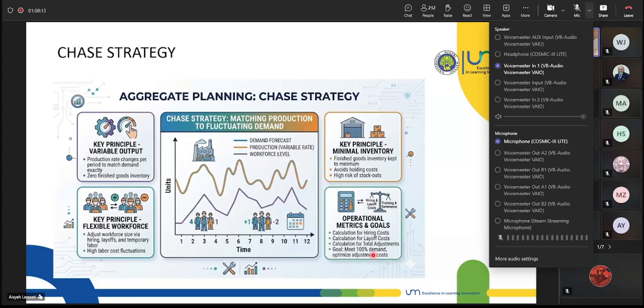When the demand decreases, we also try to decrease our production rate. Why? Because one of the principles here is to make the inventory of finished goods minimized, almost zero. So how can we achieve that?